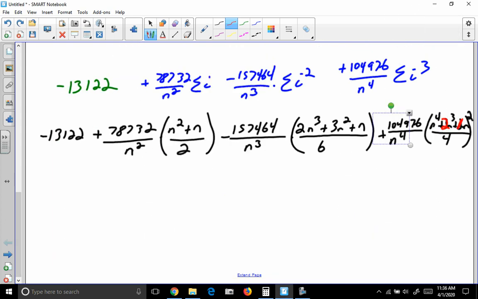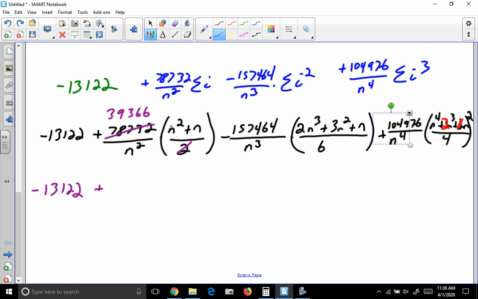Okay, so we're getting closer. We just have some simplifying to do. So we have our negative 13,122. We can reduce that: 2 goes into that 39,366 times.